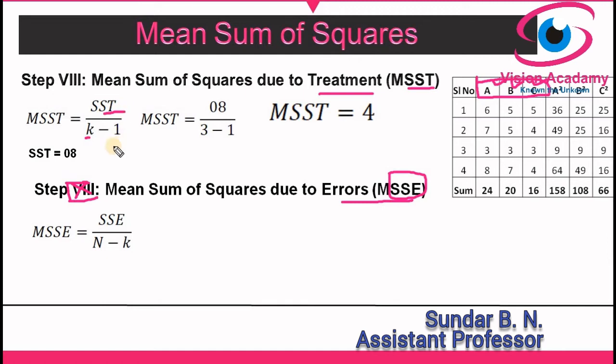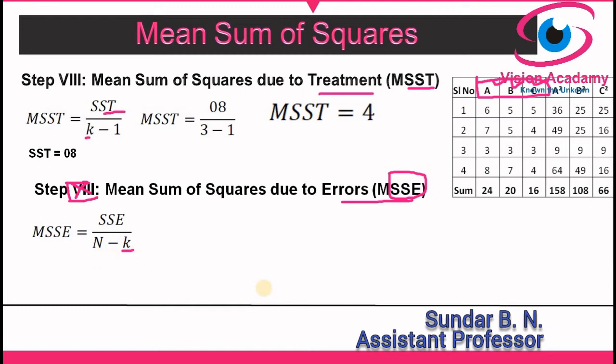The only difference exists in the degree of freedom. For SST, we take K, the number of groups, and for SSE we subtract K from the number of samples N. So SSE divided by N minus K.